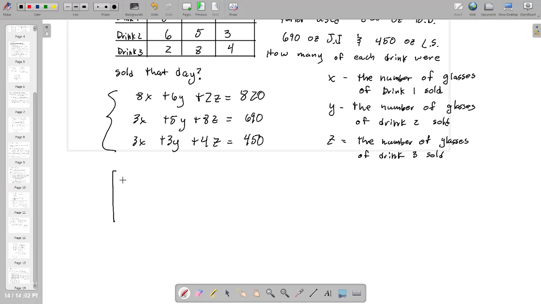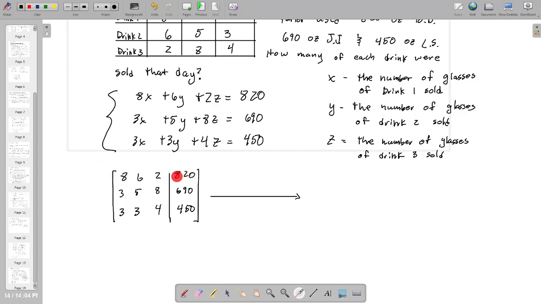Writing this as an augmented matrix, we get 8, 6, 2, 820, 3, 5, 8, 690, and 3, 3, 4, 450. If we take a second and look, we can see that equation 1 is even.